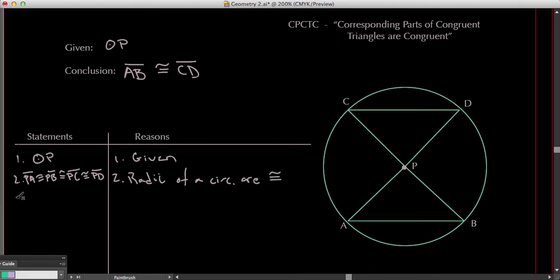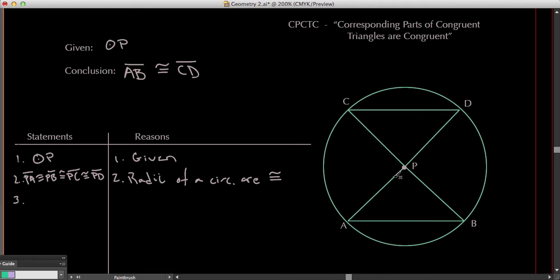That's just always true. That's just a property of circles. Okay, so now that I've proved that PA and PB are congruent, and PC and PD are congruent, I already have two sides. All I need is this angle right here, and if we can prove that this pair of angles are congruent, then we're good to go.